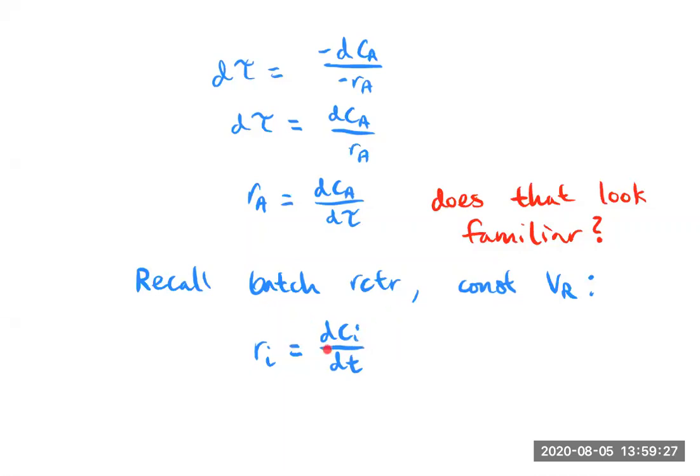So you've got this differential equation. In terms of the math from here on out, you already know how to solve these kinds of problems. You know precisely how to work with dCi over dt. Now you're just doing it in the context of a PFR, but you have this d tau, and that's really the only difference here.